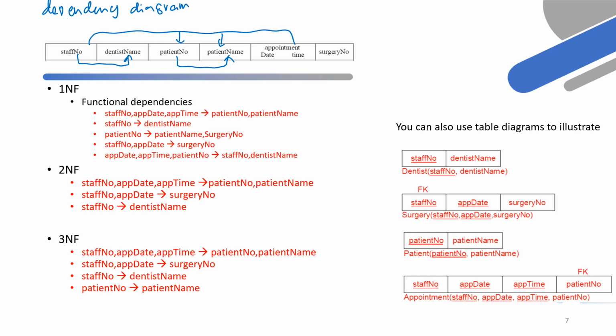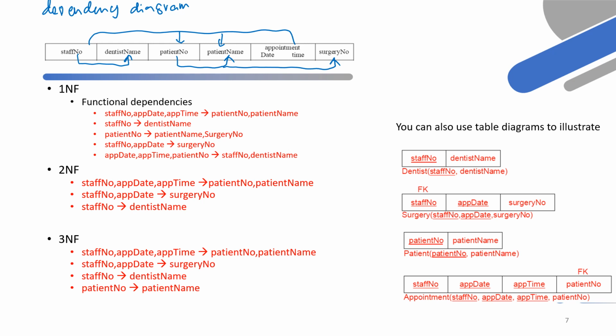Because for surgery number here we do not know how to connect it with the others, but logically surgery number has something to do with the patient, so maybe we can connect it at this moment. And then staff number and appointment date also can be connected with the surgery number.